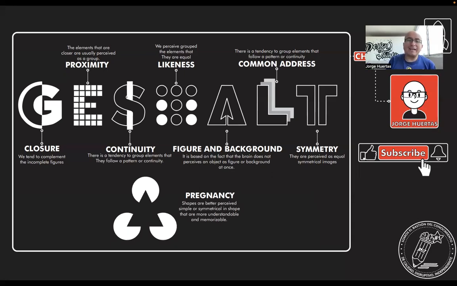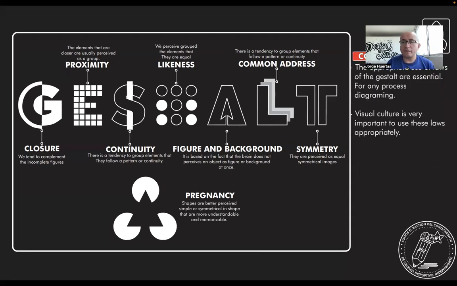However, that is not how it is. We can see basically a Pac-Man, and our brain makes the association. So shapes that are perceived as simple and symmetrical are more understandable and allow us to memorize them. That is why our brain remembers a lot of stuff.